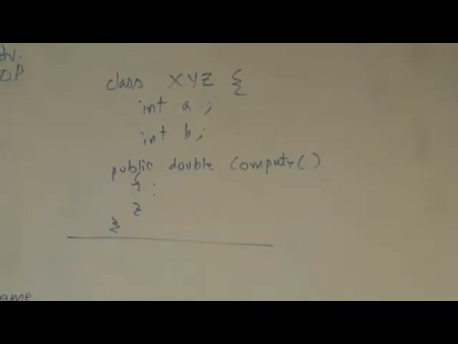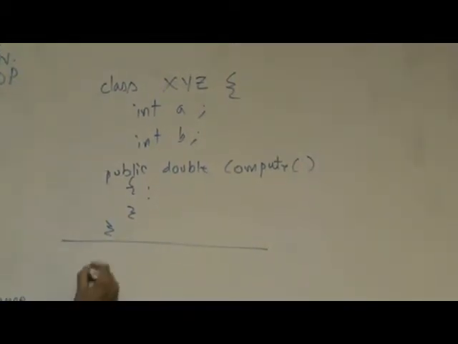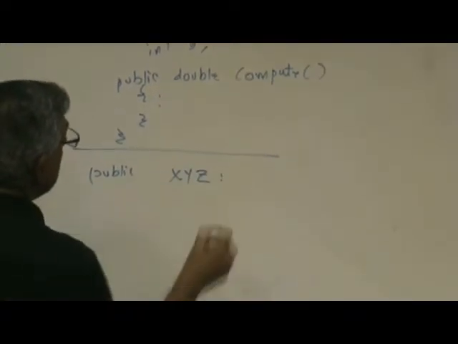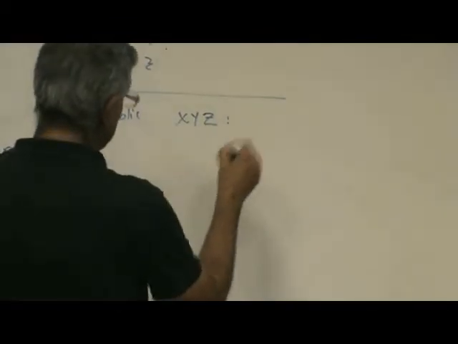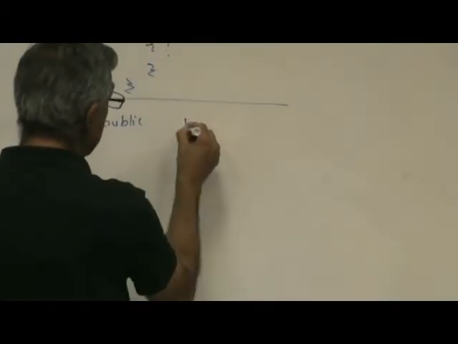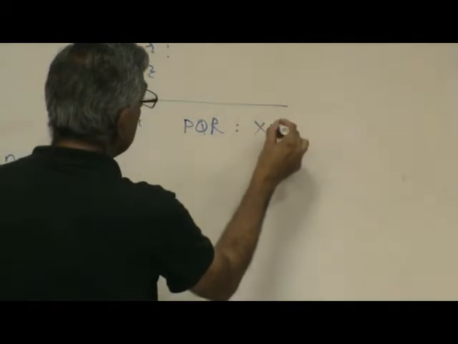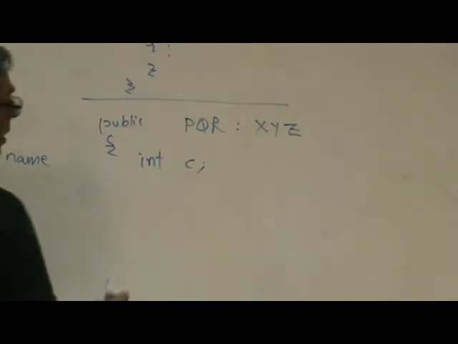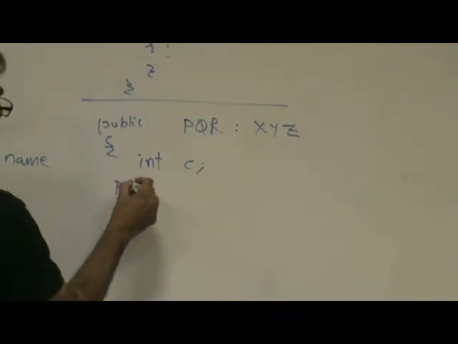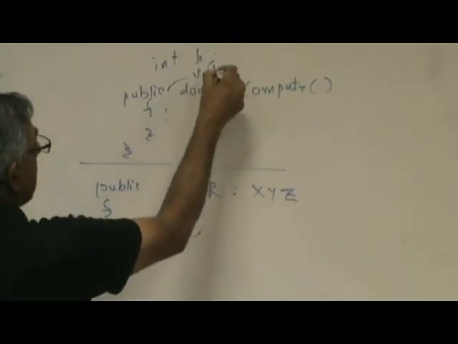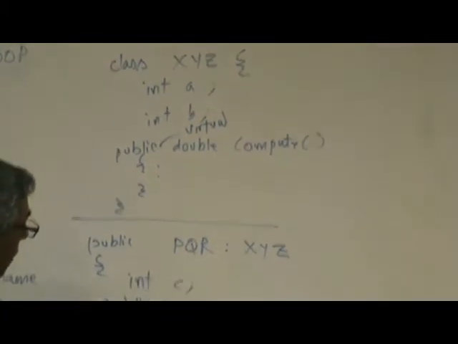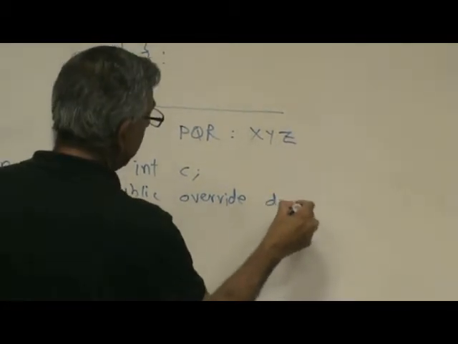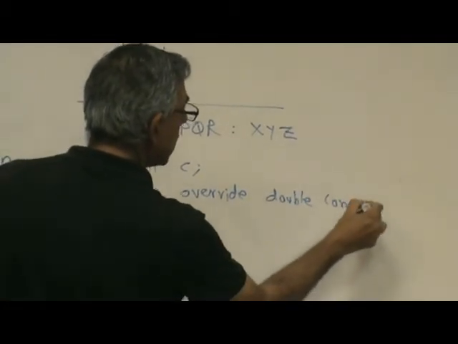Now let's inherit from this one. So if we did public class PQR, inherit from XYZ, and suppose we add one extra field C and we do an override, so let me mark it virtual, and we do an override of double compute.